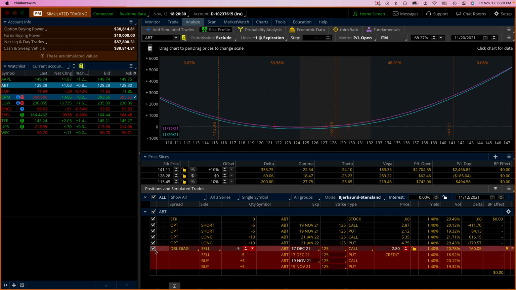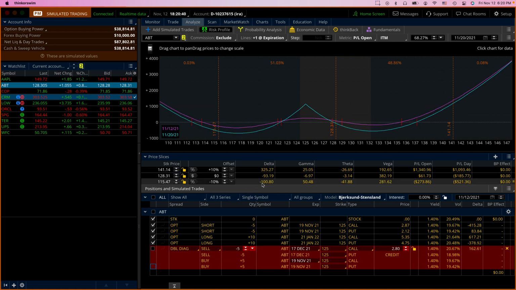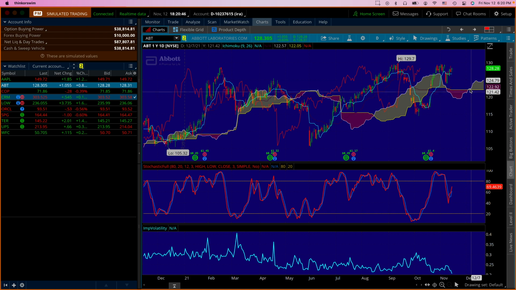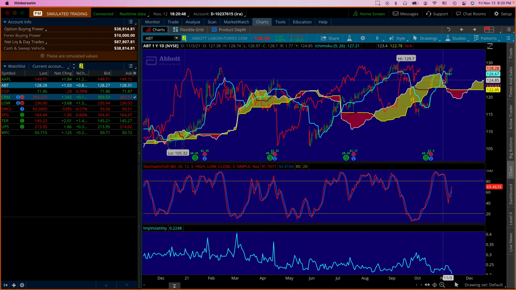When you do that, look at the delta here in the middle of your field, right there where my arrow is pointing, is 70 with the trade. Without it, it's negative. So we're not only neutralizing, we're going positive on it, and I think it's okay because the stock is bouncing back from a bit of a pullback.